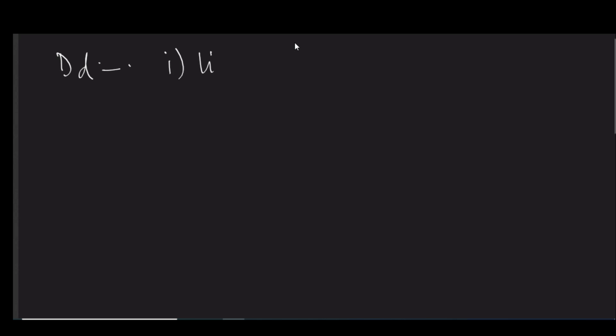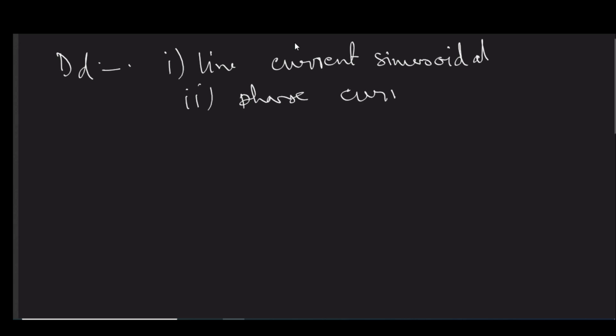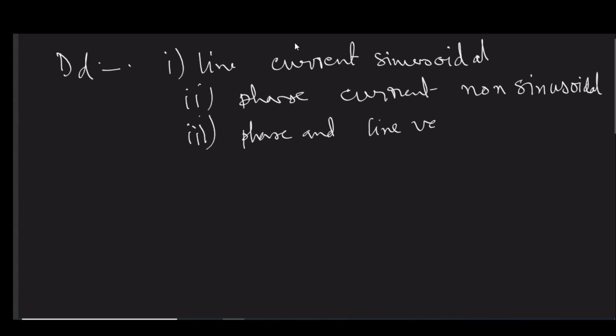Line current is sinusoidal, phase current is non-sinusoidal, and phase and line voltages are sinusoidal.